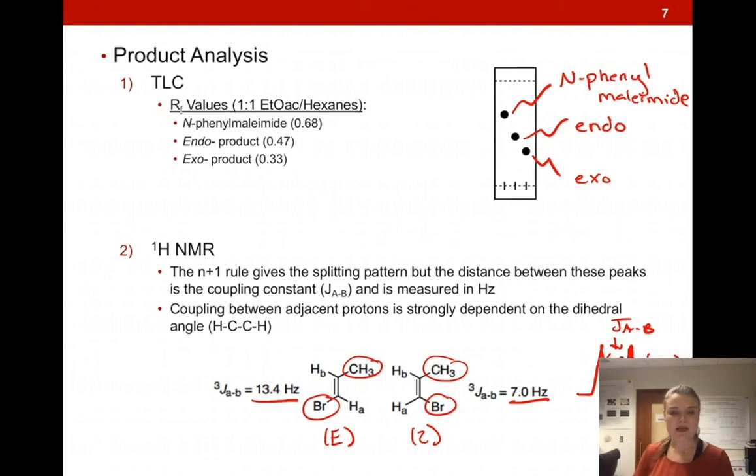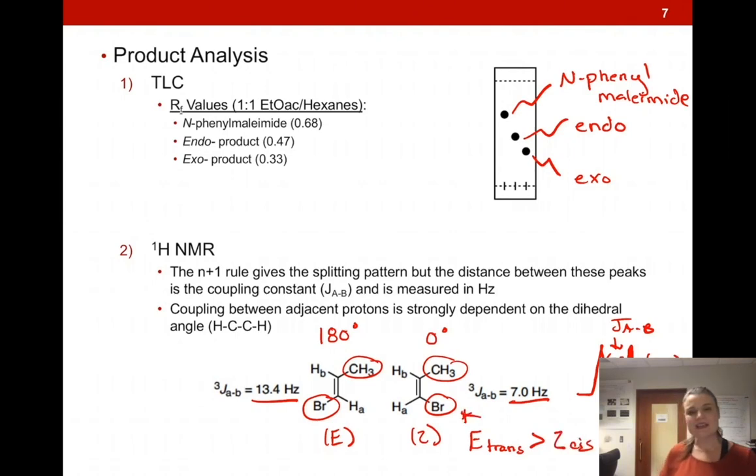The E isomer has a much larger coupling constant, and this has everything to do with the dihedral angle. So in the E isomer, you have a dihedral angle of 180 degrees, whereas in the Z isomer, the angle is 0. So we can make a generalized statement here that the E, or trans isomers, have greater coupling constants than that of the Z cis isomers.